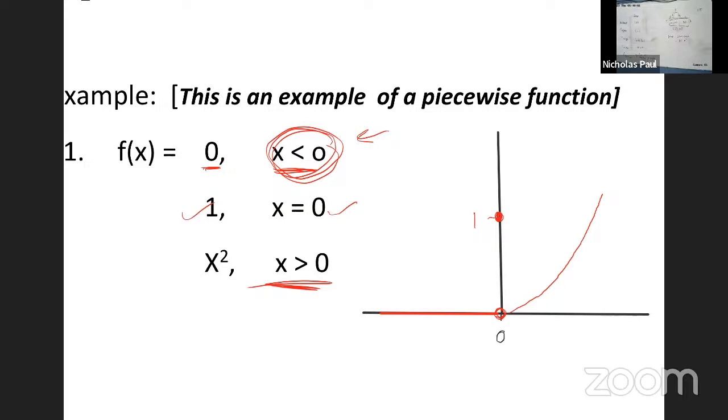Let's see if we can do the part on limits now. Any questions online on the function? Something very important is that this part has to be hollow because it's not defined. It's not equal to 0 here and not equal to 0 here.